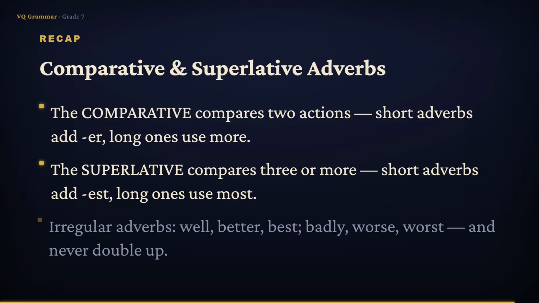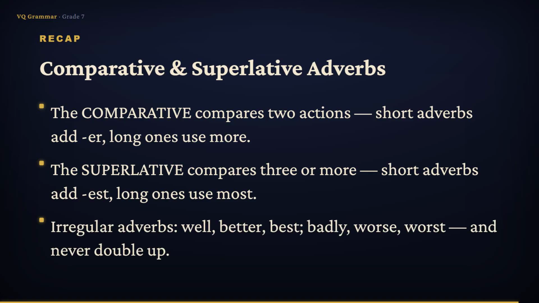Short adverbs add est, and longer ones use most. Keep the irregulars memorized. Well, better, best. Badly, worse, worst. And never double up. It's faster, not more faster. Count the actions, choose the right form, and remember the rebels.